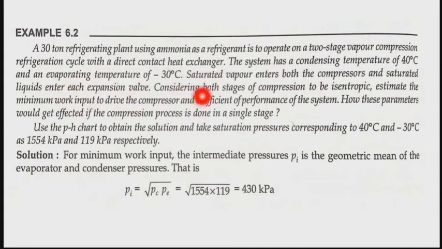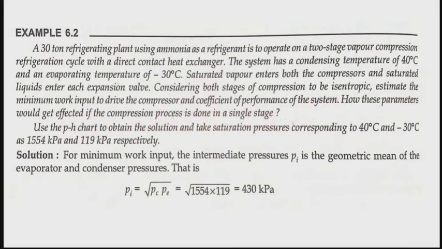Considering the two stages of compression, the compression is isentropic, and you have to find the minimum work input to drive the compressor and the coefficient of performance of the system. They are also asking how these parameters would be affected if the compression is done in a single stage.